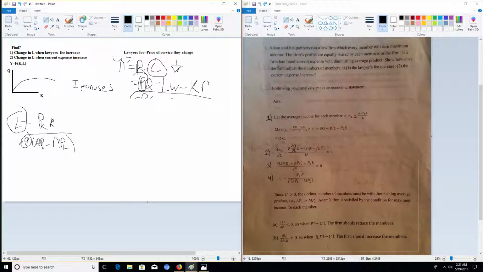Now, as I said before, you should intuitively realize that these have a negative relationship, right? When one goes up, the other has to go down, because this affects profits.